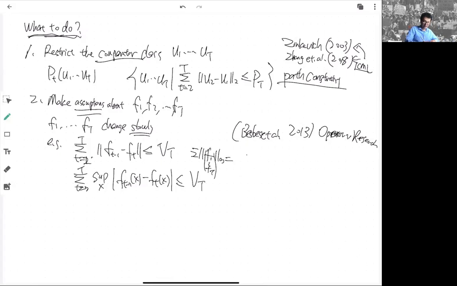You can rewrite this as a mixed norm of one infinity norm. So the general case is when the path constraint is defined in terms of the general PQ norm, when P is larger than 1 and Q is larger than 1. This becomes something that's more general. It's studied by my co-authors and me.